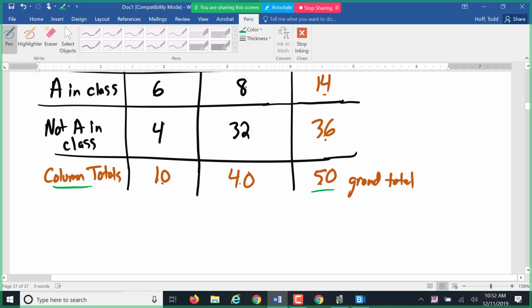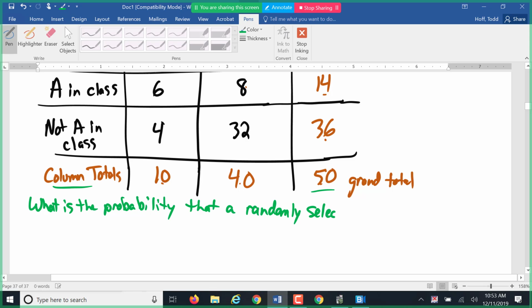For example, assuming that if we randomly select, it's equally likely to get any student, what is the probability that a randomly selected student gets an A in the class?